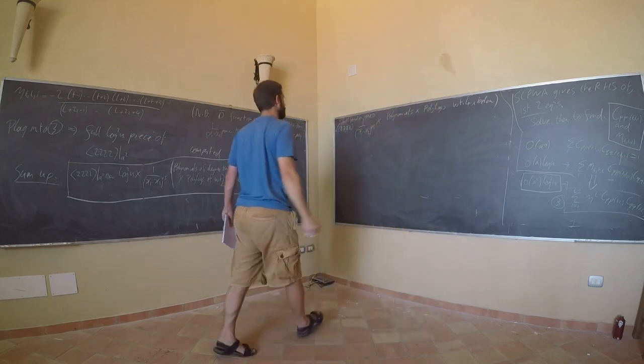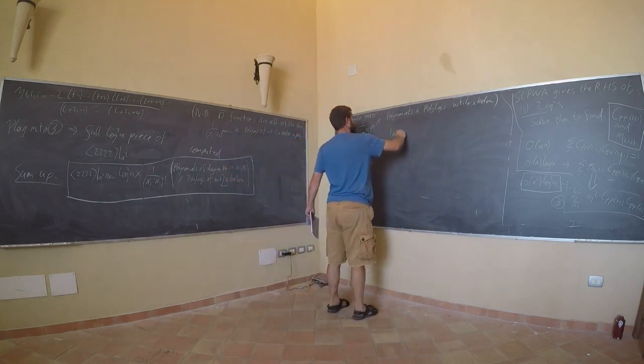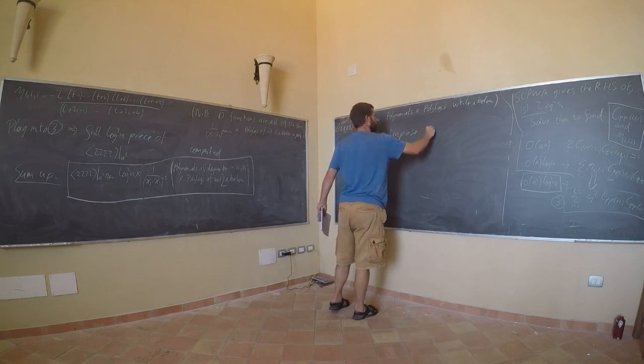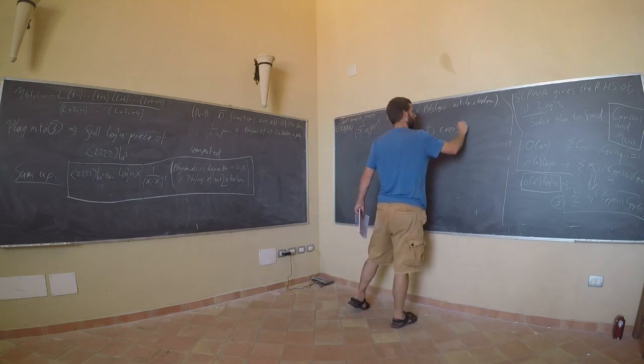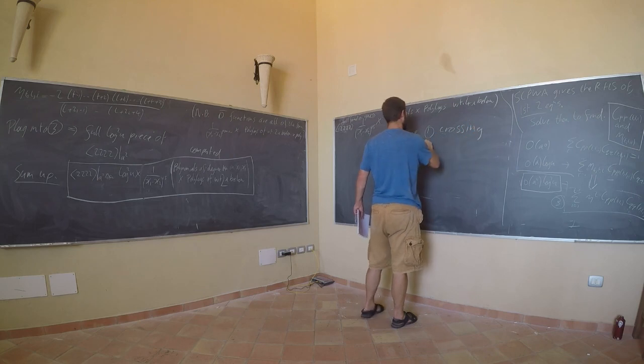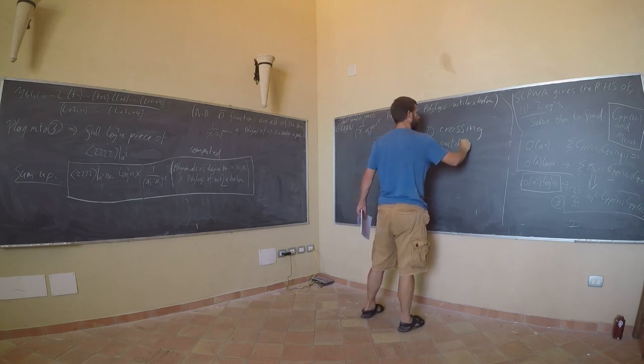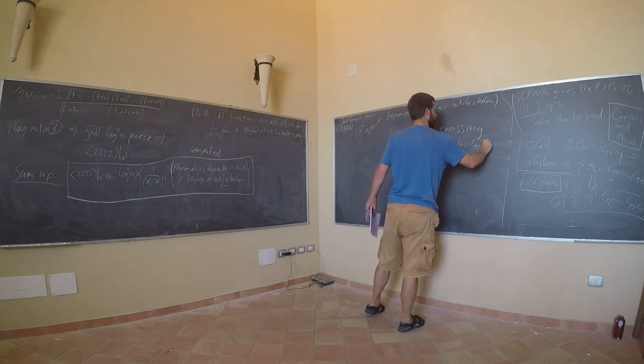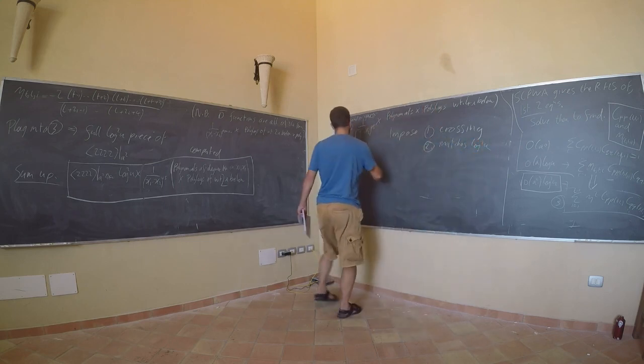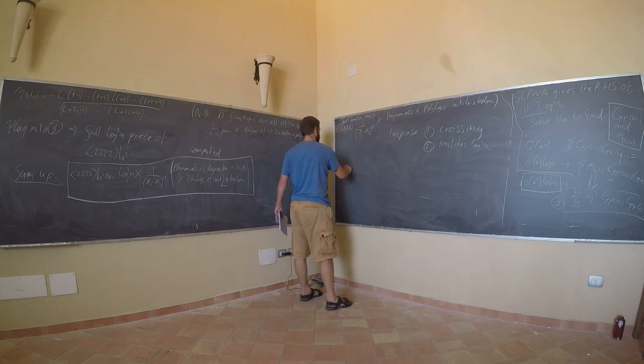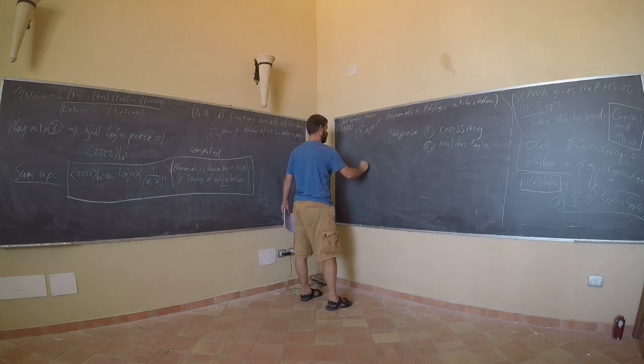But we now impose, of course, crossing symmetry. And 2, crucially, that it matches with the log squared u result. And first of all, we get an answer, which is nice.